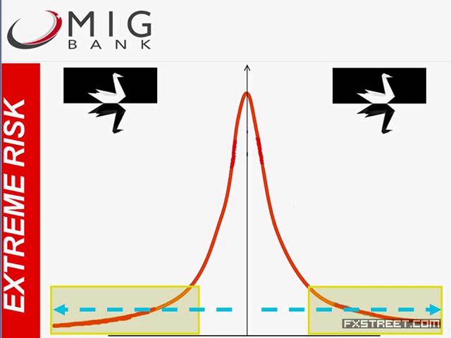Now, of course, we know that is not the case. Trends do not last forever, and the efficient market hypothesis is probably not the best theoretical model for describing the reality of what happens in the market, that the market is random.